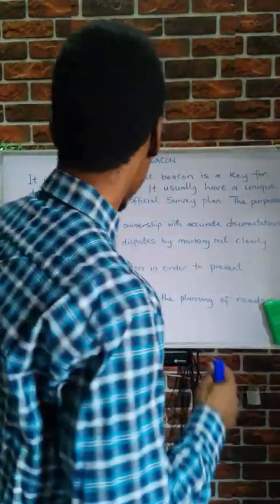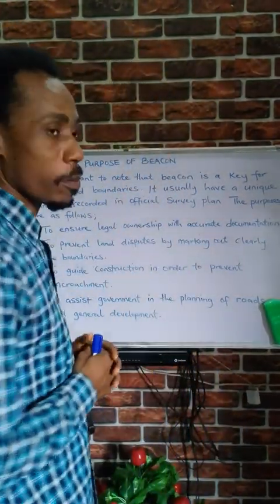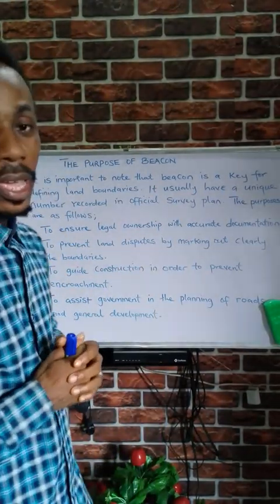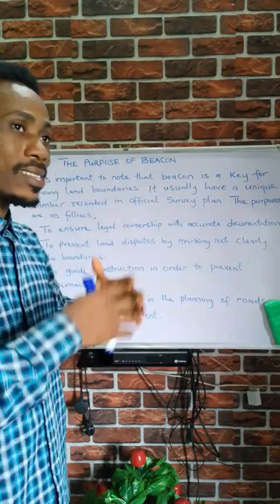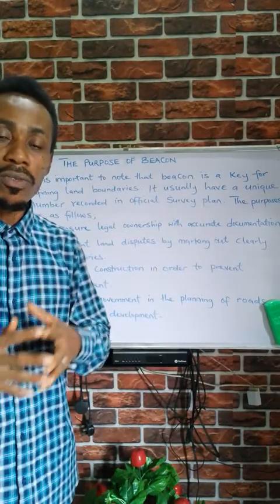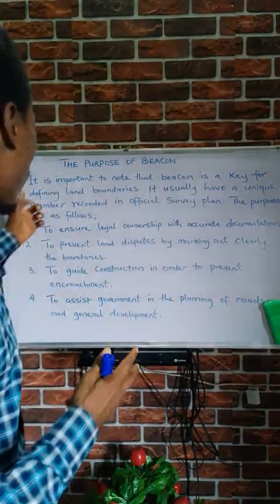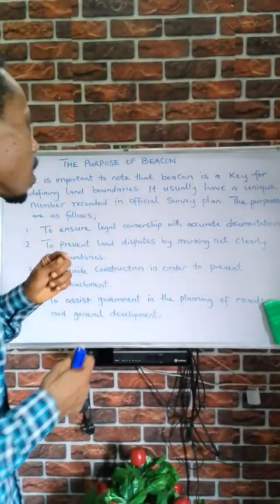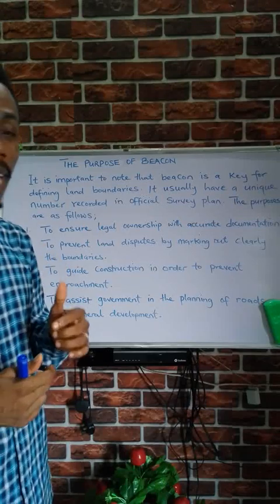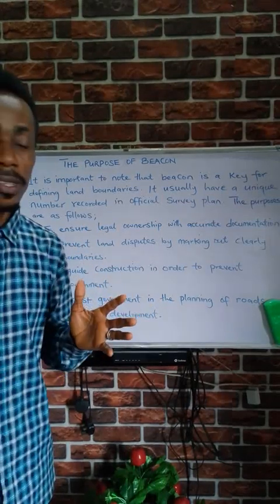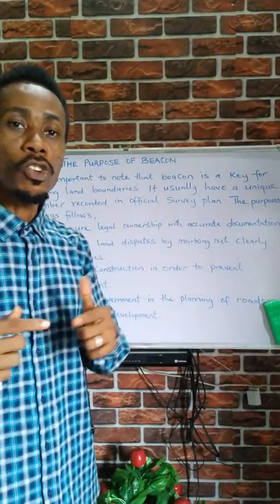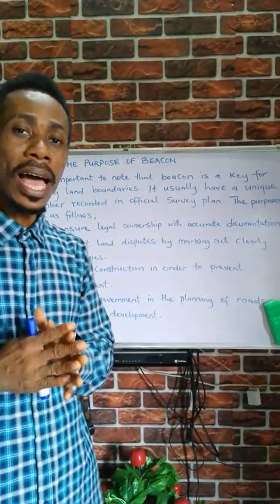So today we are looking at the purpose of beacon. As you know, beacon is very important. It is very important in defining the key areas of our boundaries. That is why I said it is important to know that beacon is a key for defining land boundaries. When we talk about land boundaries, we are looking at the geometrical formation of our land.